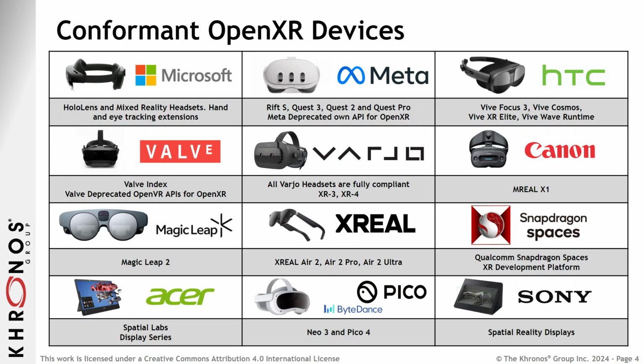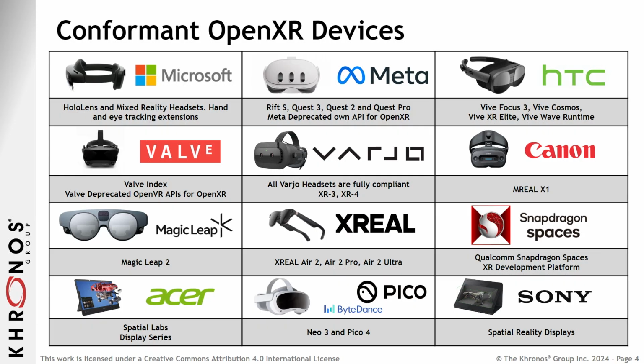So right now, these are the devices that are out there that are fully OpenXR conformant, which means not only have they implemented the OpenXR API, they've become OpenXR adopters, gone through the conformance testing process, and have passed the conformance tests. And that means, as well as having that badge of honor, they are also enjoying the patent protection of the Khronos IP framework, which is no small advantage to these hardware vendors.